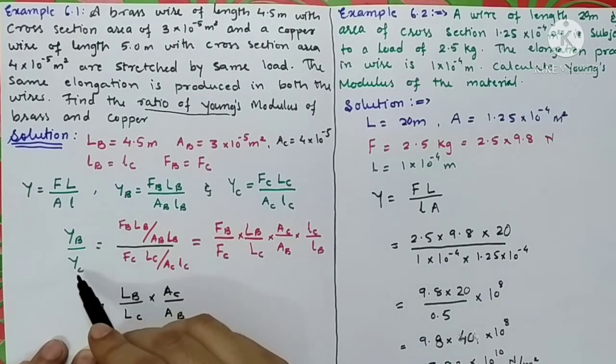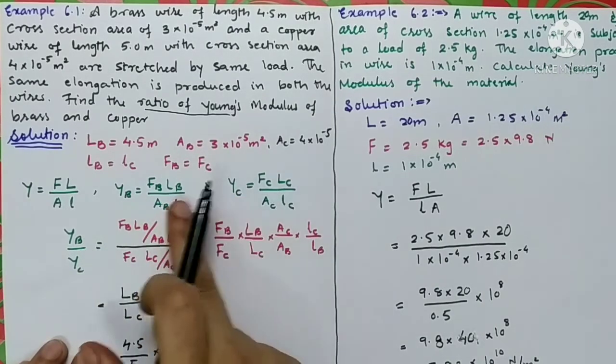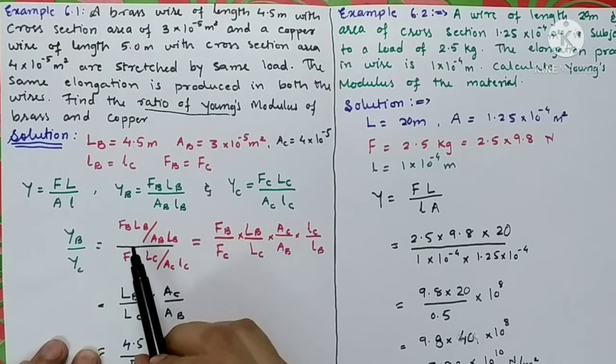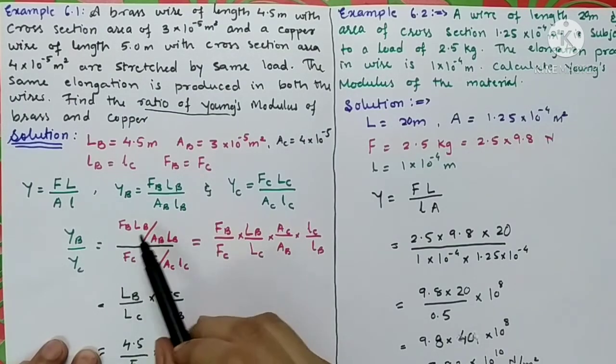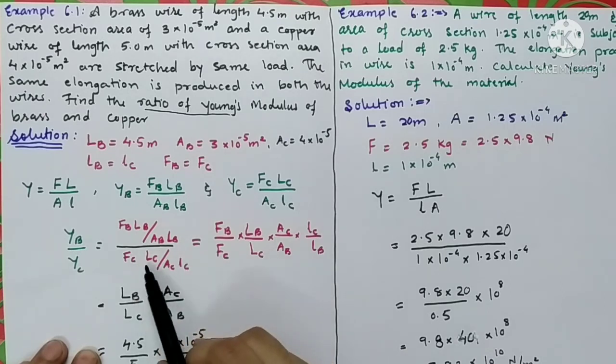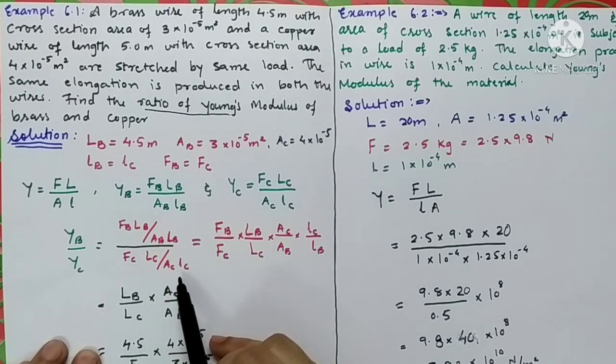So YB upon YC, when you take the ratio of these two equations, comes out to be FB into LB upon AB into lB, divided by FC into LC upon AC into lC.